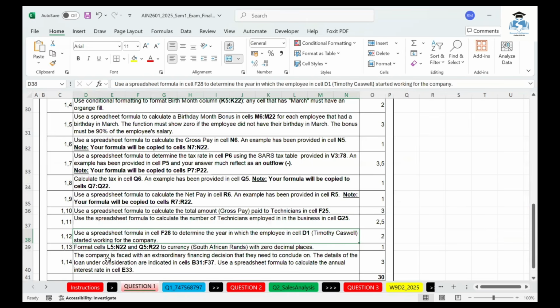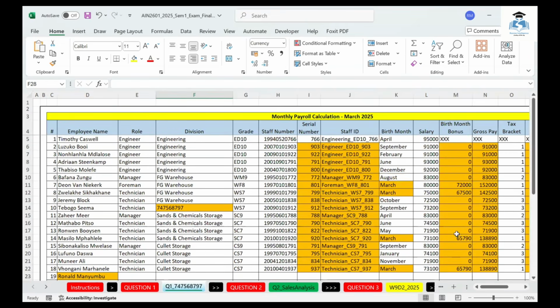Format cells L5 to N22 and Q5 to R22 to currency, South African rand with 0 decimal places. This is L5 to N22.